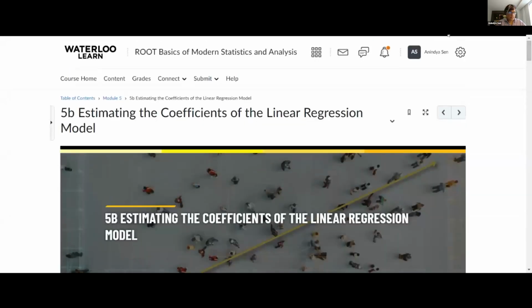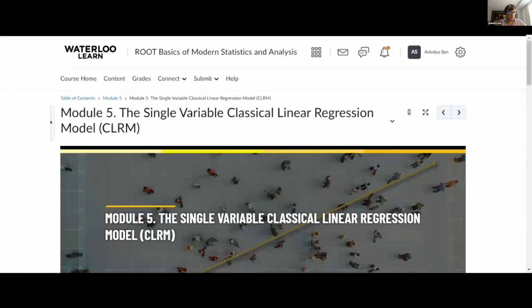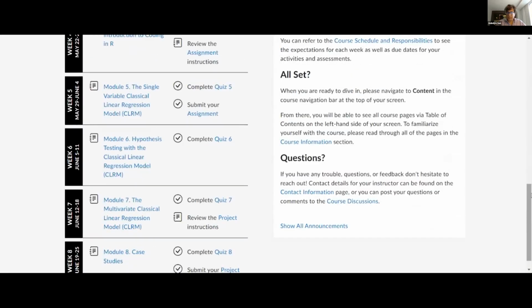So in the time we have left, what I want to do is show you a case study. Okay, and now I will go back to the Learn site. Oh, there, sorry, it just took a bit of time to load.